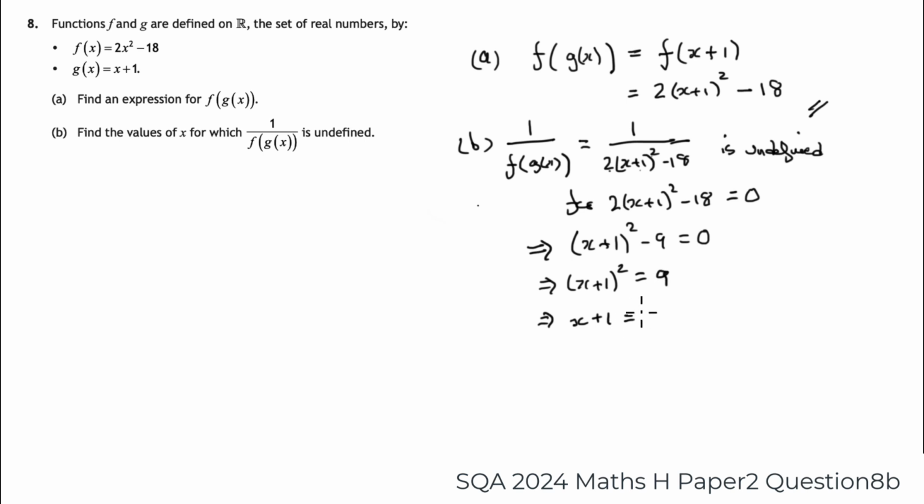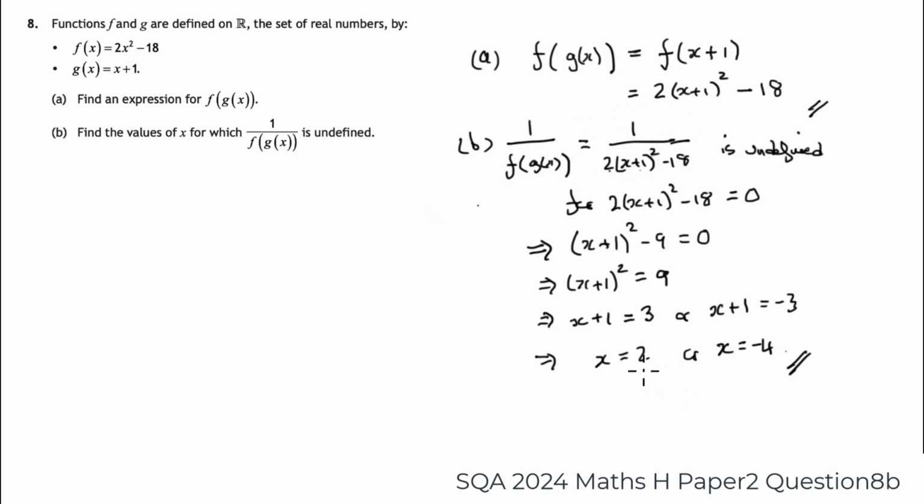So we'll have positive 3 as a possibility, or negative 3 as another possibility. So we've got to watch out that we take this second possibility into account. So in the first case, if x plus 1 was 3, x would be 2, and in the case of x plus 1 being negative 3, x would be negative 4. So these are the two values of x where this calculation cannot take place.